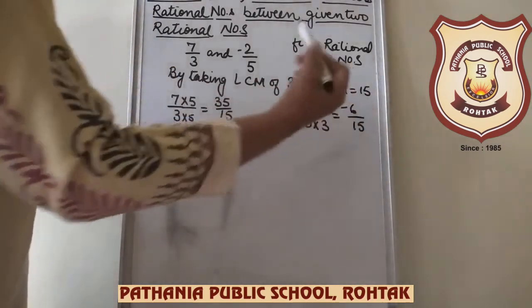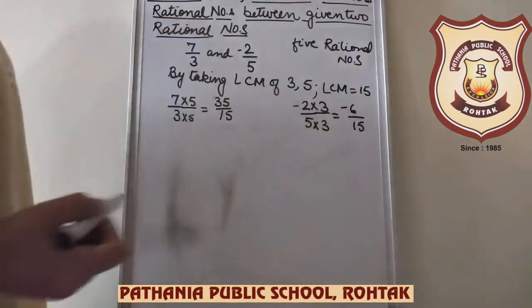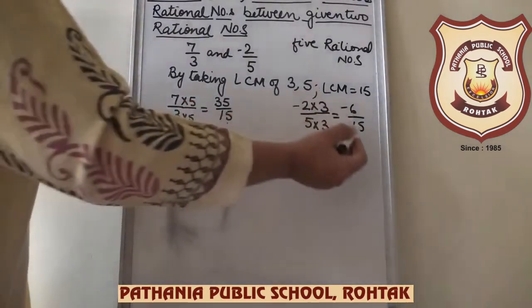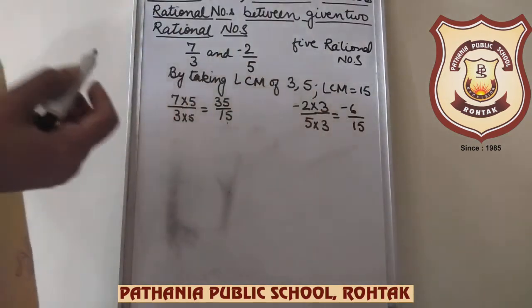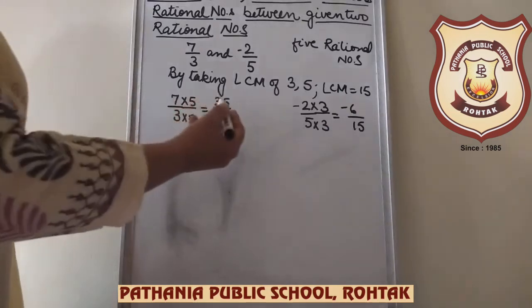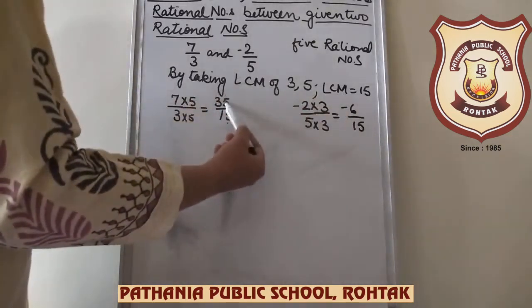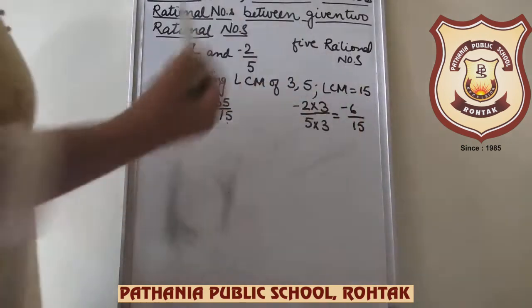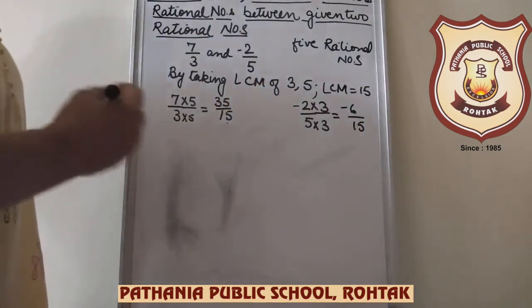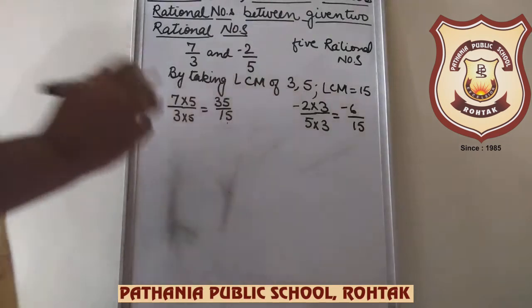Now it has become -6/15. Now you see the denominators are same, equal. Now starting from 35 to -6, you can write as many numbers between this.